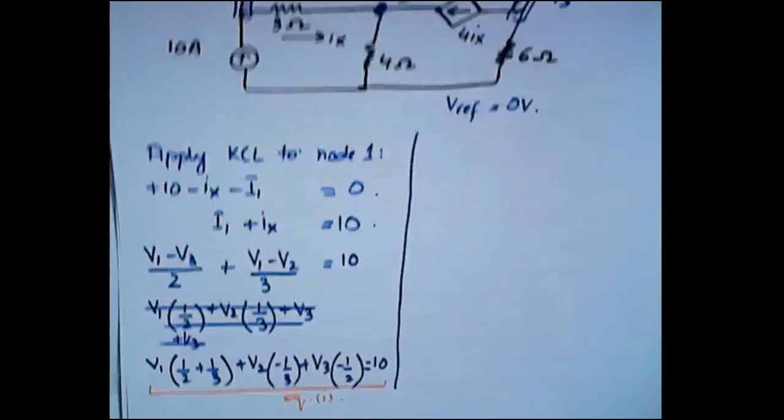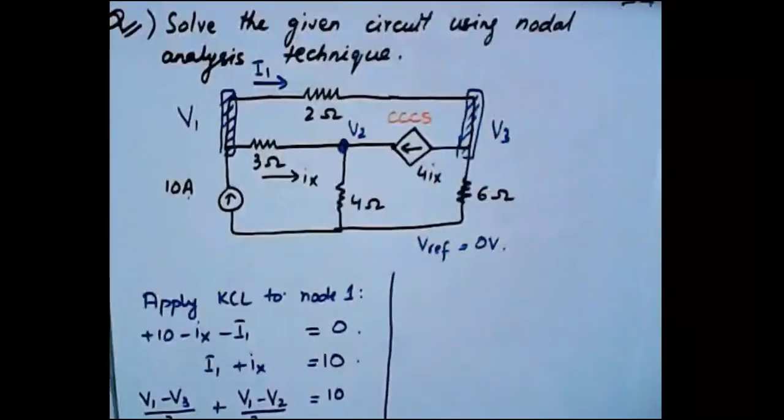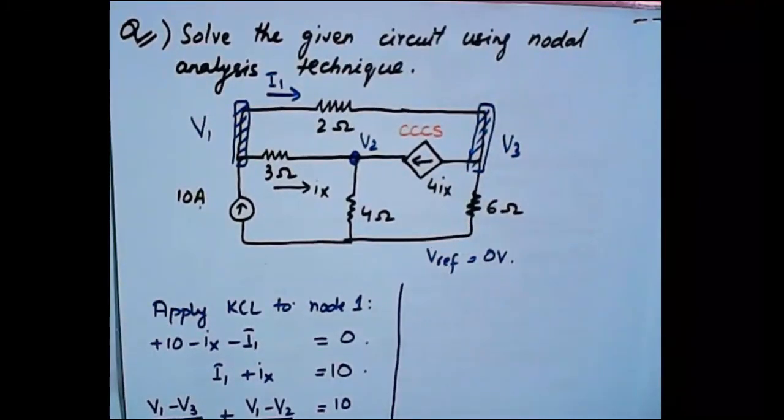Now we need to apply KCL at node 2. So let's go back to the circuit again.